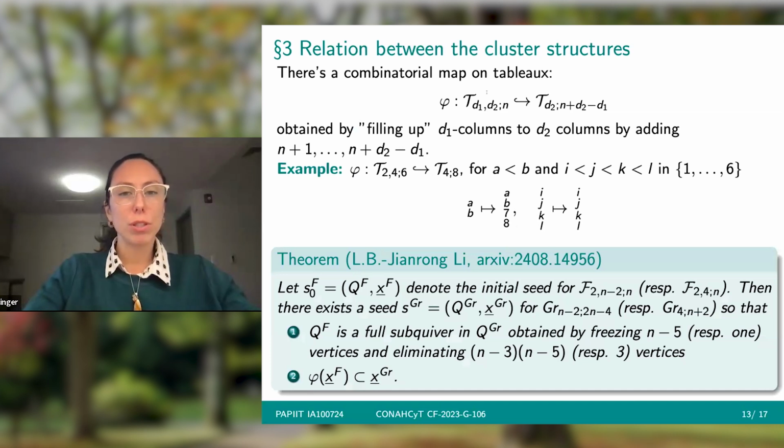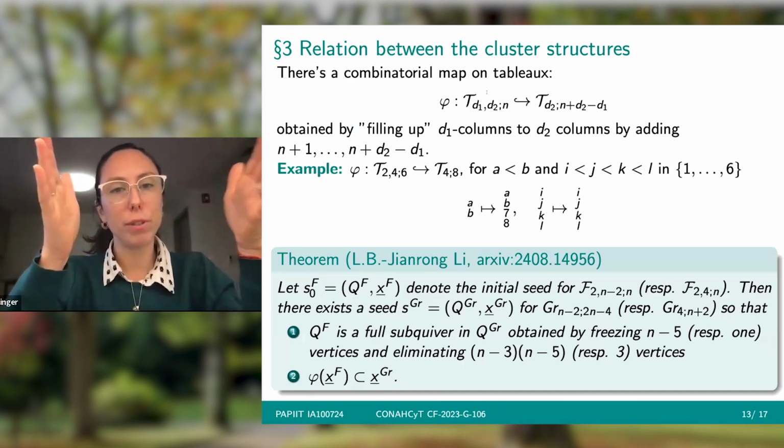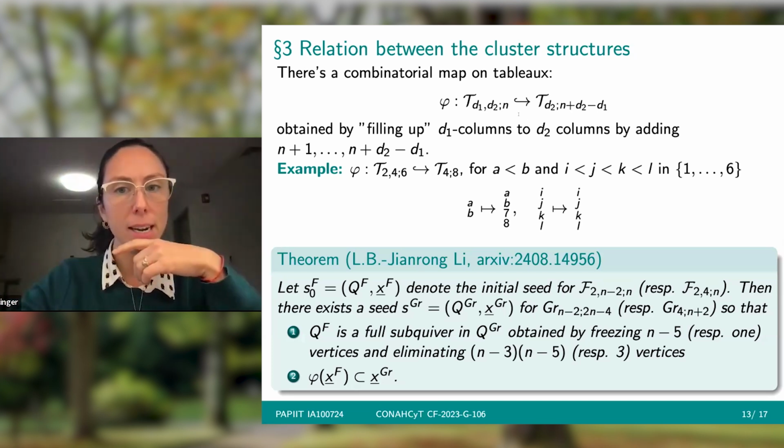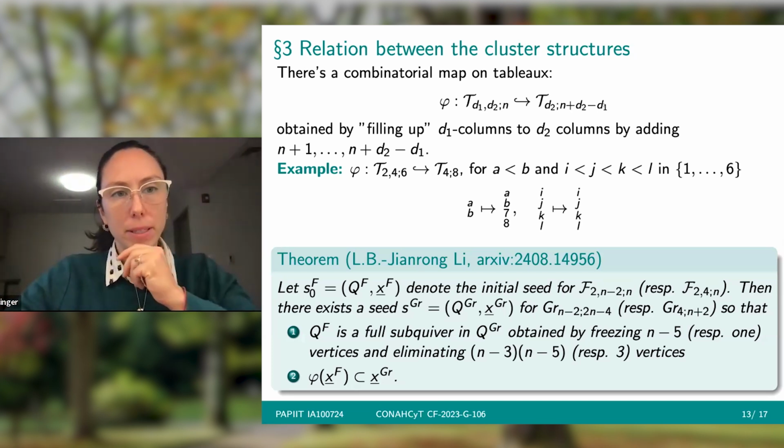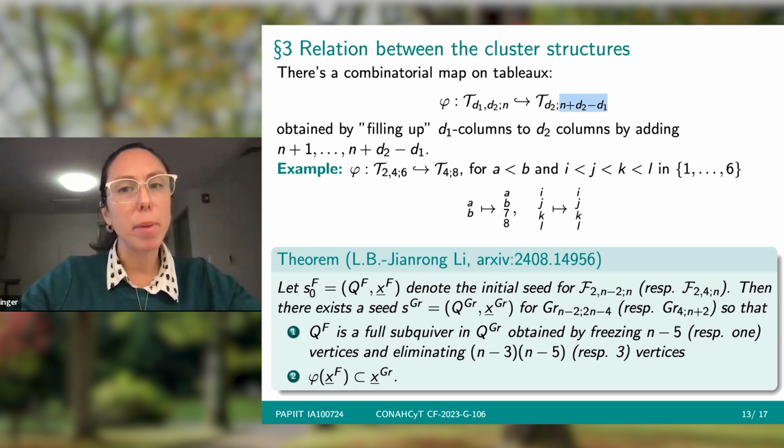So if we have tableau with columns of 2 different sizes, D1, D2, and filling up to n, we can embed them into the set of tableau with columns only of size D2, but here I increase n by the difference of D2 and D1.